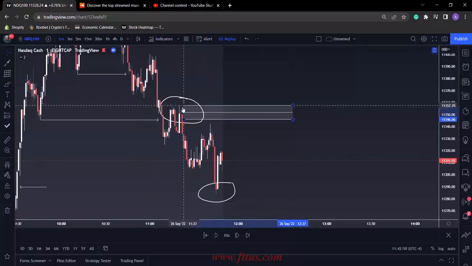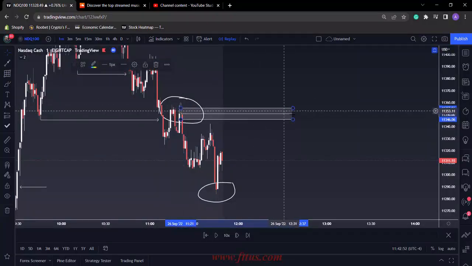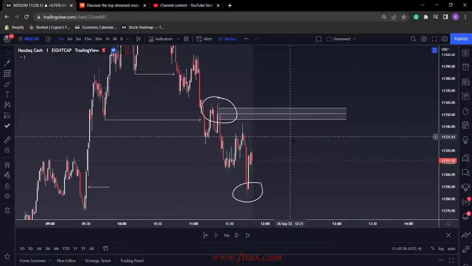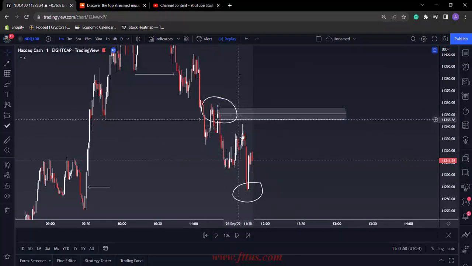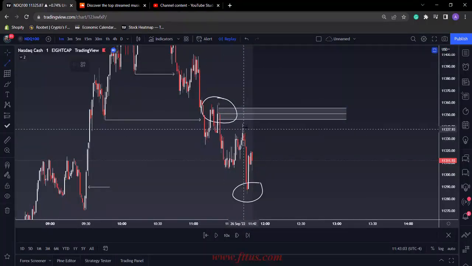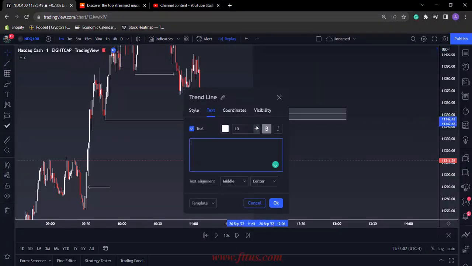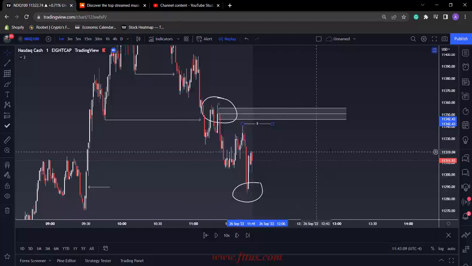Now a lot of people are asking why I marked this zone up instead of the zone right below it, and simply put, this acted as accumulation and liquidity. So I had this marked as liquidity, right?